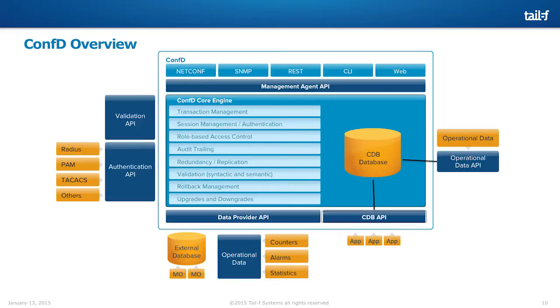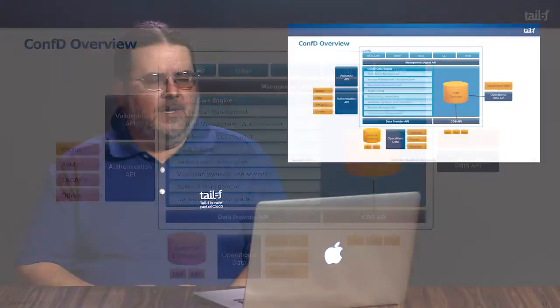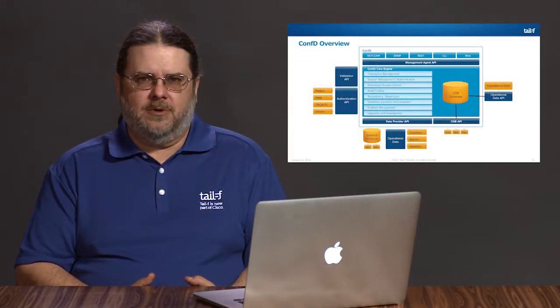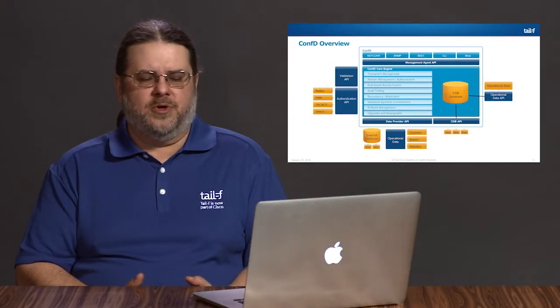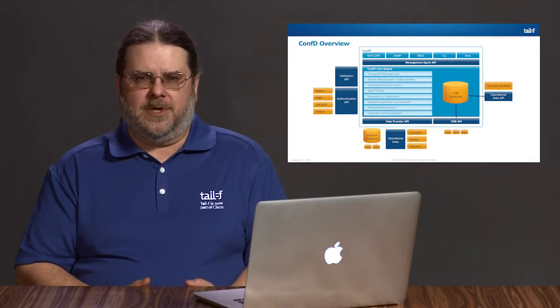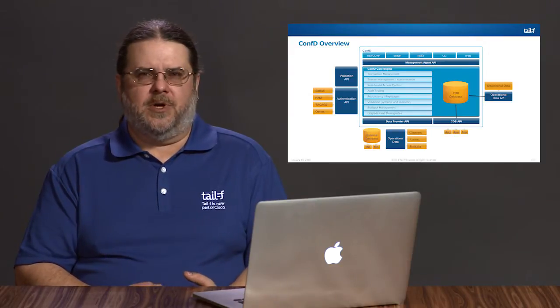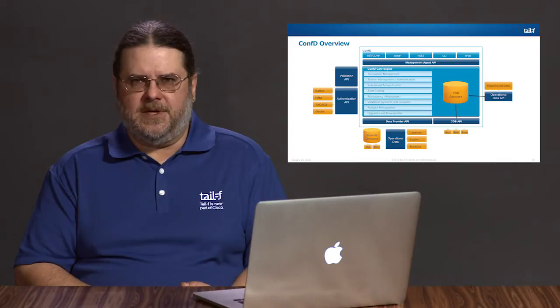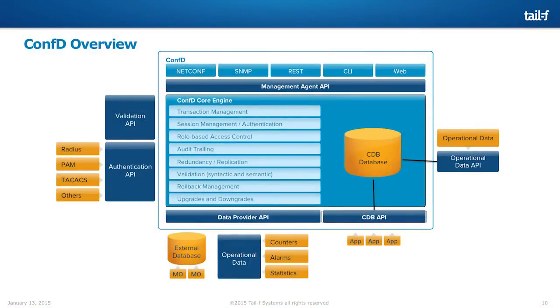There is also operational data that you can instrument through the Data Provider API. These two different methods of doing your operational data provide a push method and a pull method. You can independently in your data model describe what operational data is pull mode, what is push mode. For push mode, your application periodically writes that data into the CDB database, and if a read request comes in for that data, we satisfy it from whatever is currently in the database.